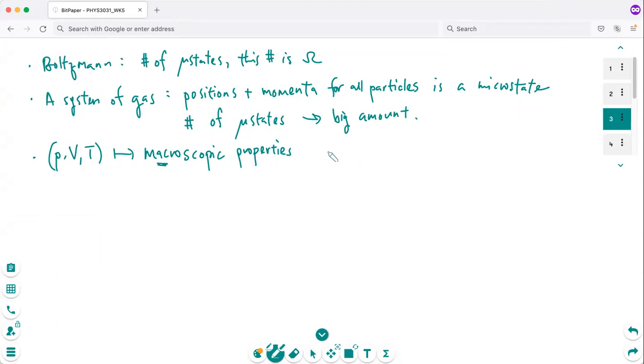So I would say, how should I write it? More than one microstate can give the same macrostate.